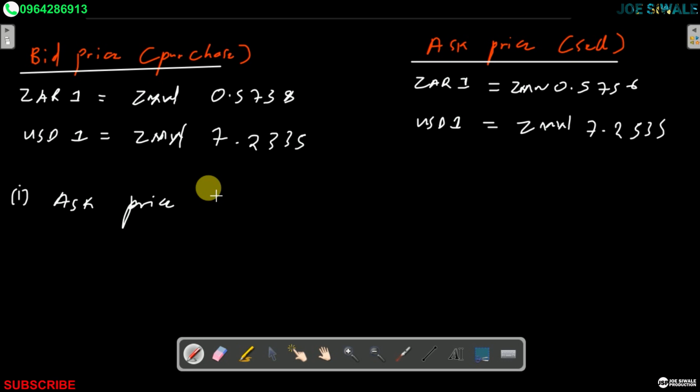Then we also have 1 US dollar is equal to 7.2335 Zambian kwacha. Then for the ask price, which is the selling price, we have 1 South African rand is equal to 0.5756 Zambian kwacha. Then we also have 1 US dollar is equal to 7.2535 Zambian kwacha.